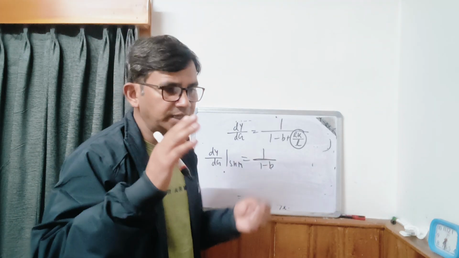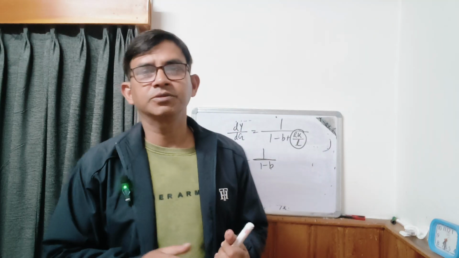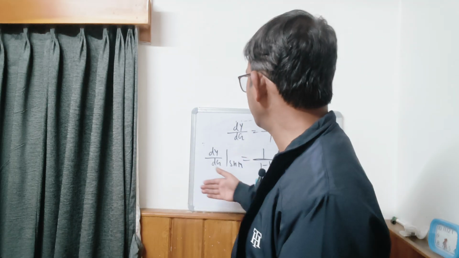Why is it happening? Because in the simple Keynesian model, we consider only the commodity market. We are not considering the money market or asset market. So we cannot consider any kind of change of the private rate of interest, and that's why there is no crowding out in the simple Keynesian model.